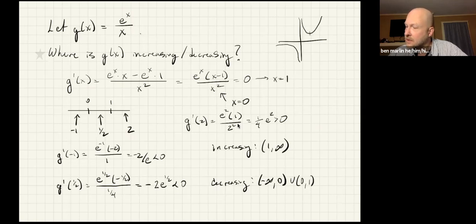Okay, so that it is decreasing there, and then it's decreasing here. It's not decreasing while x is equal to 0, but you know, it is decreasing in those intervals in between. All right. So that gets us our intervals where something is increasing and decreasing.